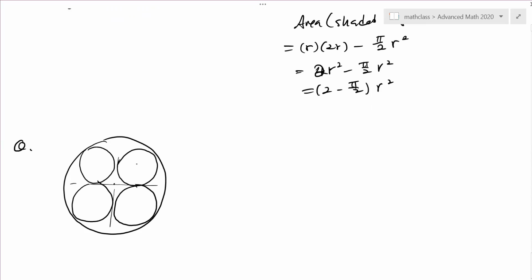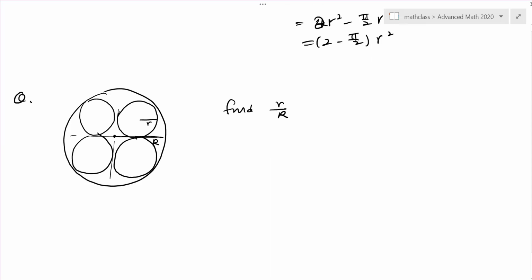So those 4 circles have radius lowercase r, and this larger circle has radius capital R. So can we find the ratio of them?